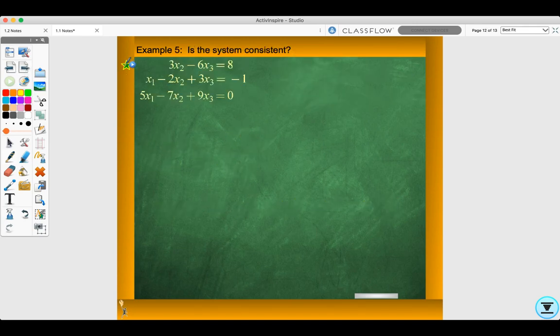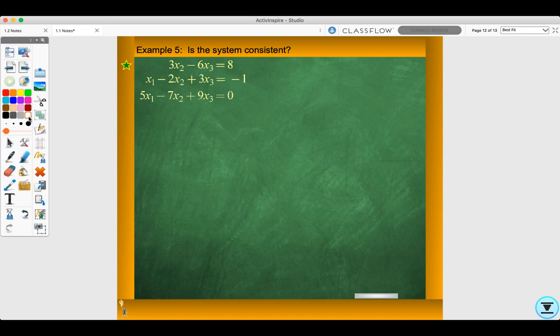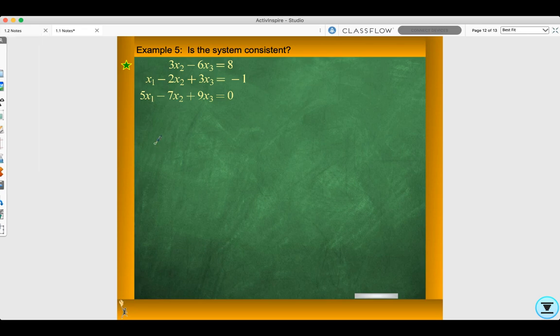Let's look at example 5. Is this system consistent? So I have 3x2 minus 6x3 equals 8, x1 minus 2x2 plus 3x3 equals negative 1, and 5x1 minus 7x2 plus 9x3 equals 0. So let's go ahead and draw our augmented matrix.